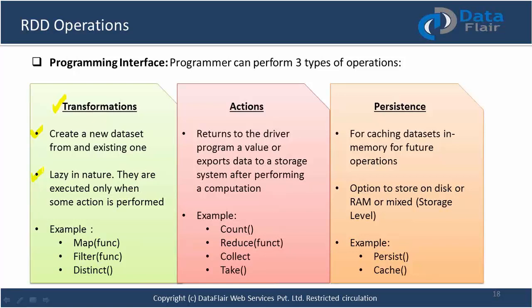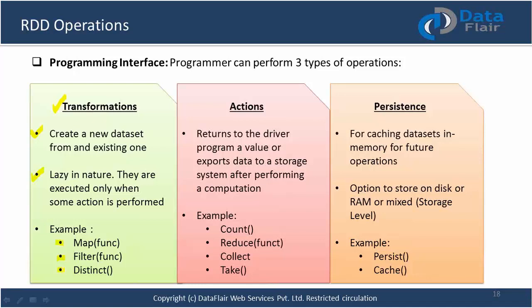Transformations are lazy in nature. What do I mean by that? They are executed only when some action is performed. Like you are performing a transformation, but it won't be executed until you perform any action. Apart from that, your data will not come into memory until you apply any action. Examples of transformation: map, filter, distinct, etc.